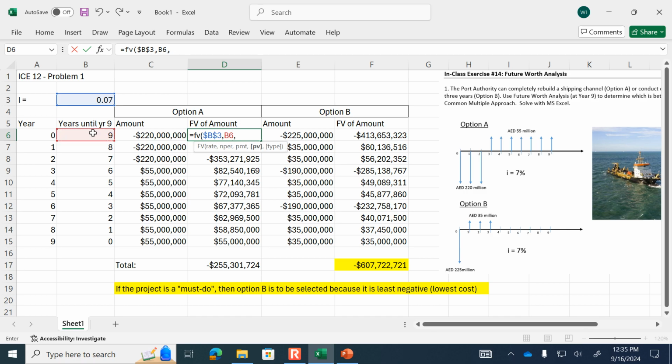Then double comma to skip over the payment field of the function, because the amount we put into this function, we want it to be treated as though it's a single lump sum present value. And so then minus the amount goes into the part of the formula that it sees as the present value. So then once we've got it for one row, we can just drag it down through all of them. And then at the bottom is summing it up.